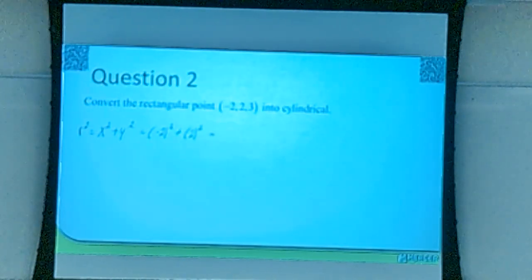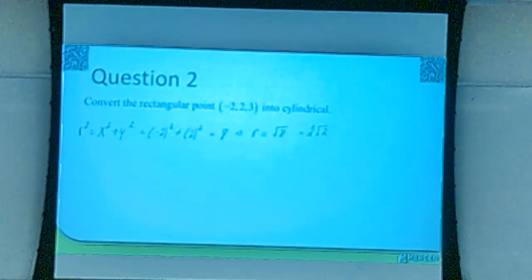Four and four, 8. Makes r root 8, right? How does that simplify? 2 root 2. There's your radius. Theta is given by the relation tangent theta equals y over x.